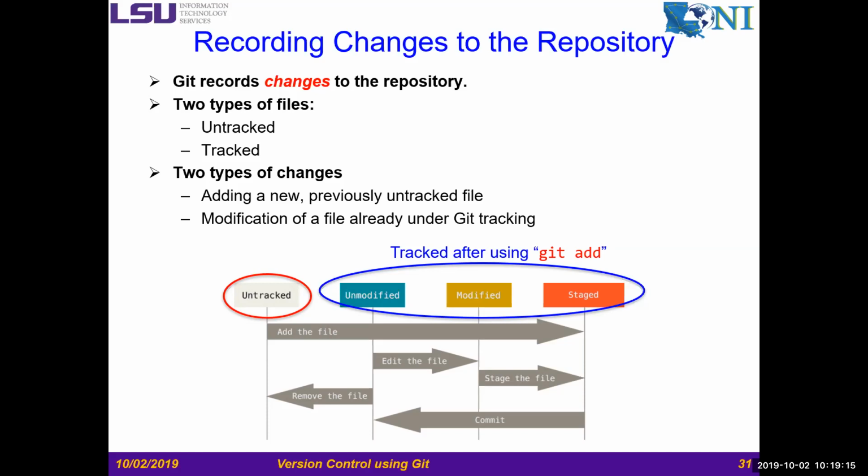This is a modification of a file that is already under Git tracking. Git is already looking at the changes of the file, and we just want to record that change. So remember the two types of change. One is we add a new file. Second is we change a file already tracked by Git.